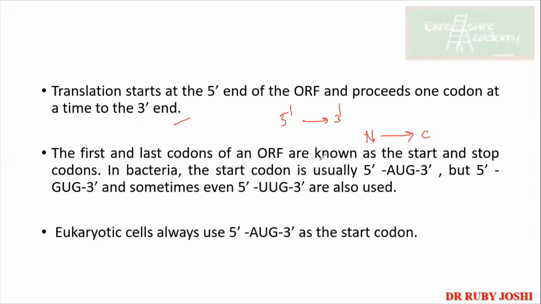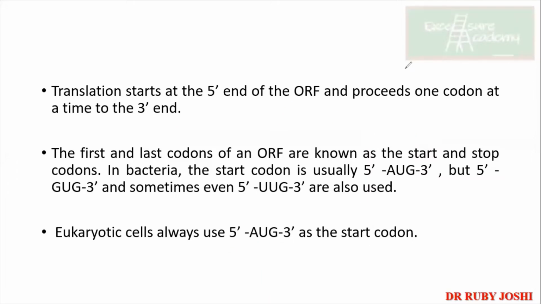In bacteria, the start codon is usually AUG, but 5' GUG and sometimes even 5' UUG are also used. So ऐसा नहीं है कि in the case of bacteria it's always AUG. Depending on the species variety, the start codon can vary. But in the case of eukaryotes, it's always the 5' AUG.